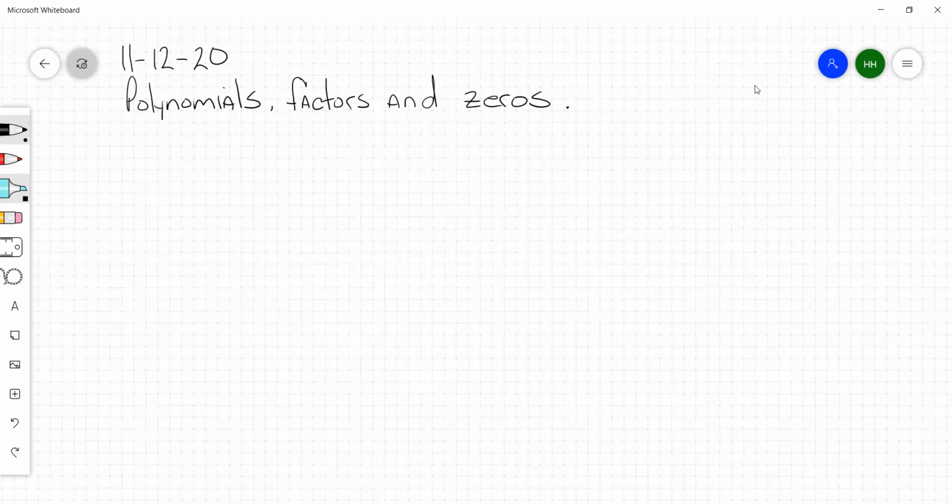So, first type of problem you're going to be doing today. You are going to be asked to write each polynomial in factored form.